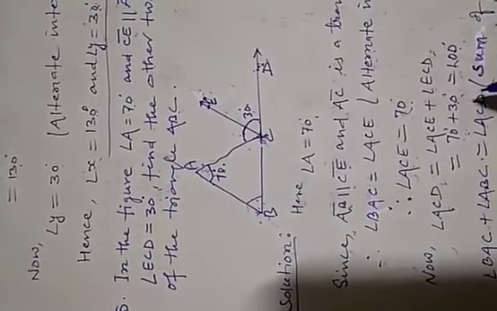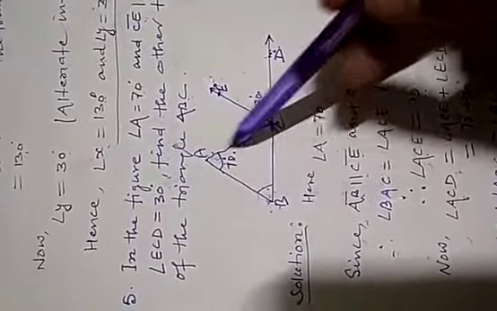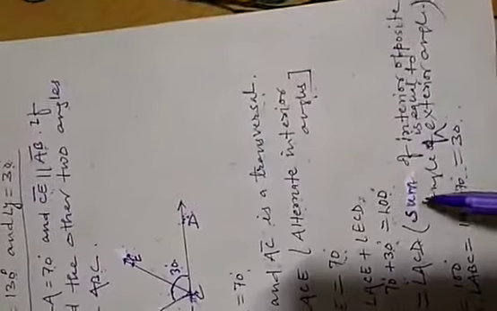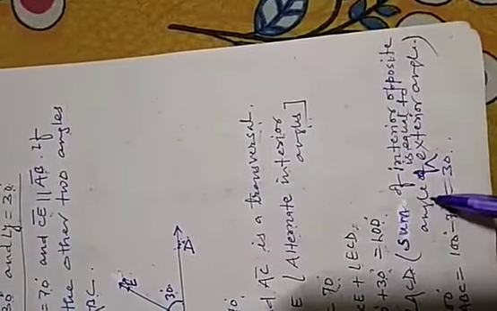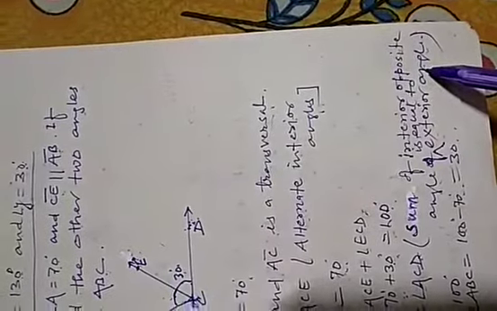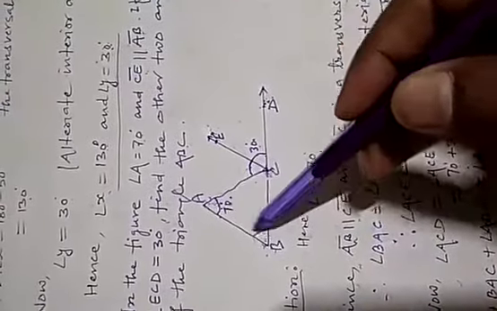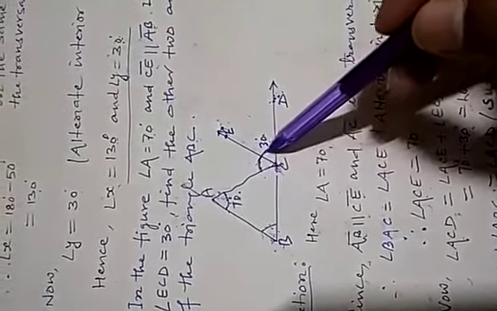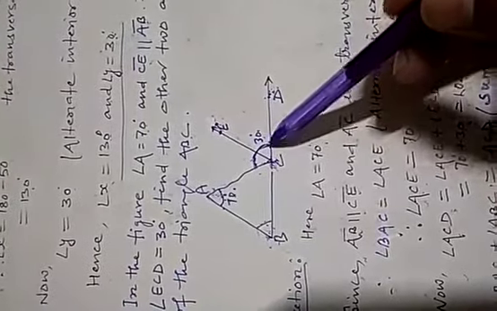We know angle BAC plus ABC is equal angle ACD, because sum of interior opposite angles is equal to exterior angle.